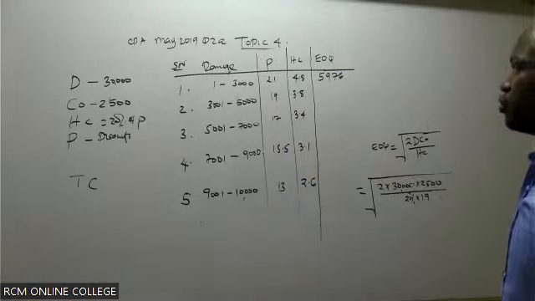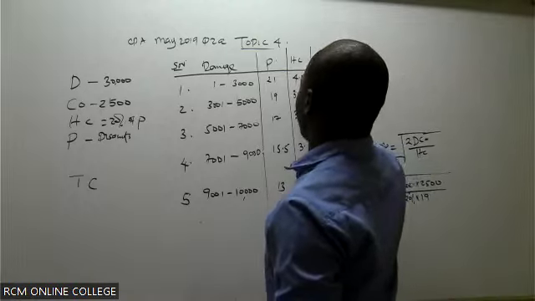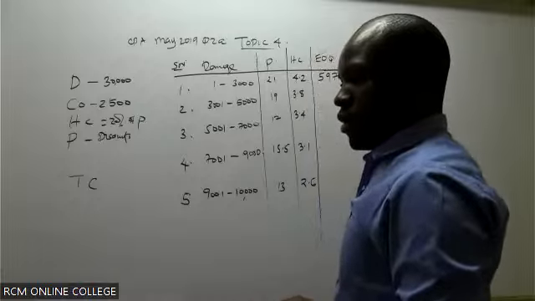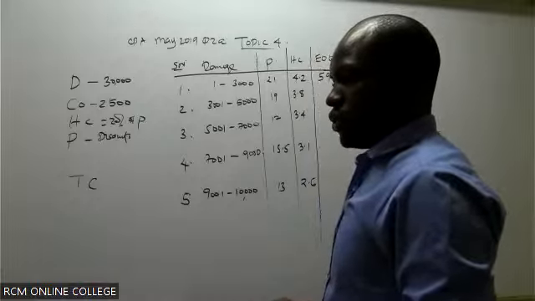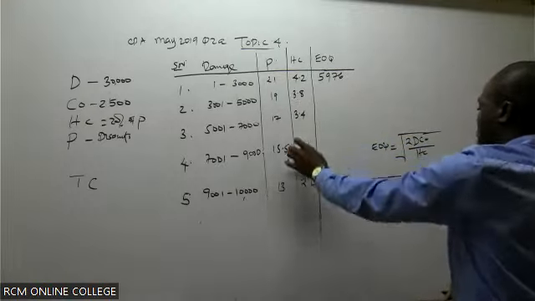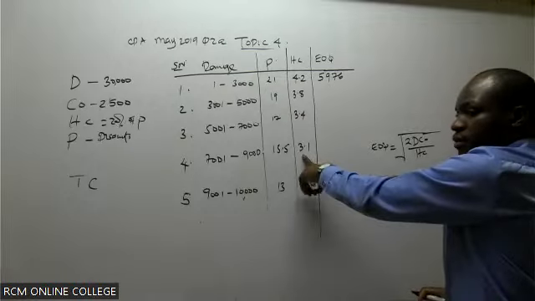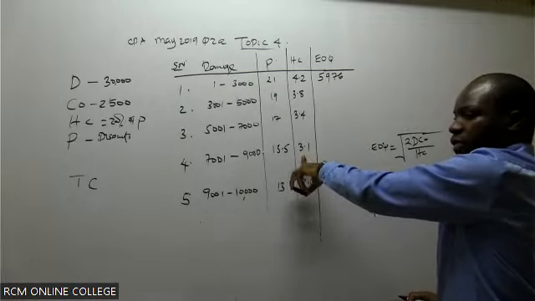Oh, here it is 4.2. I misled you a little. 20% of 21 is 4.2 for the first one. How about the rest? Are they okay? Check for me this one here, 15.5 by 0.2.